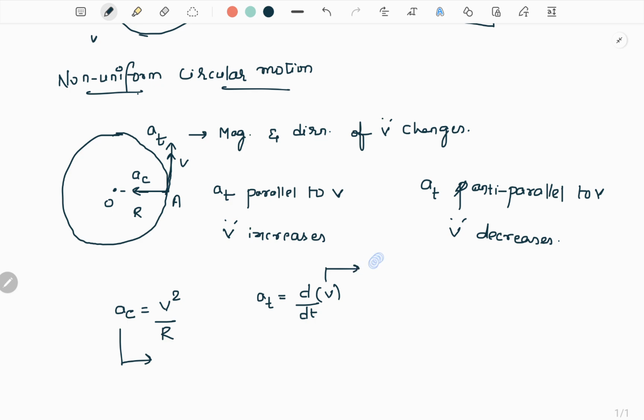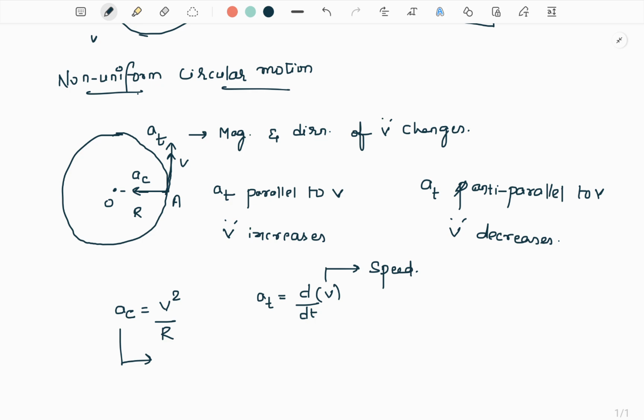Here v does not represent the velocity, it represents speed, or just the magnitude of velocity, because the radial component, which is perpendicular to the velocity, is responsible for changing the direction of its velocity, whereas the tangential component of acceleration is responsible for changing the magnitude of velocity.